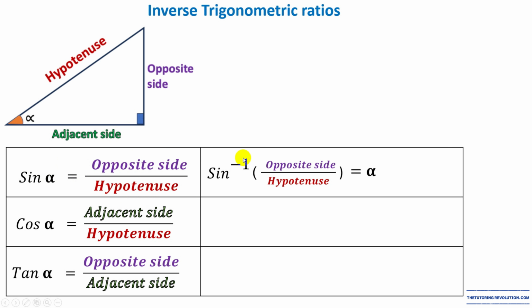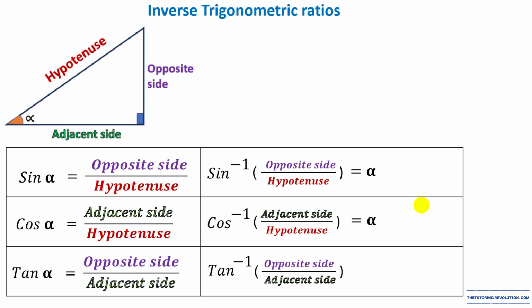And then you put this -1 to indicate the inverse. So sine inverse of this fraction will give you alpha. Likewise, cosine inverse of the adjacent side over the hypotenuse fraction will give you alpha. And tangent inverse of the opposite side over the adjacent side will also give you alpha.